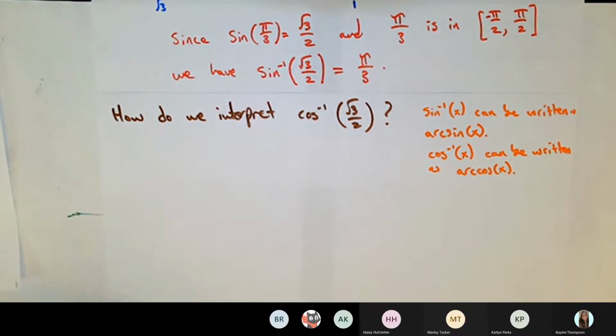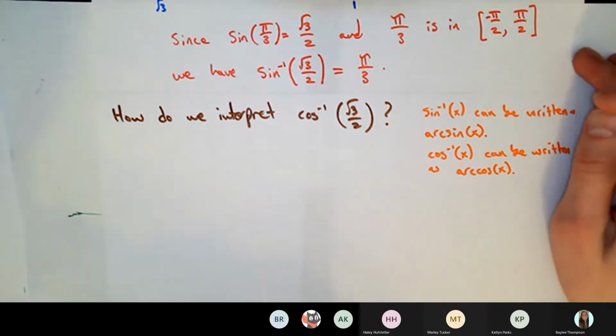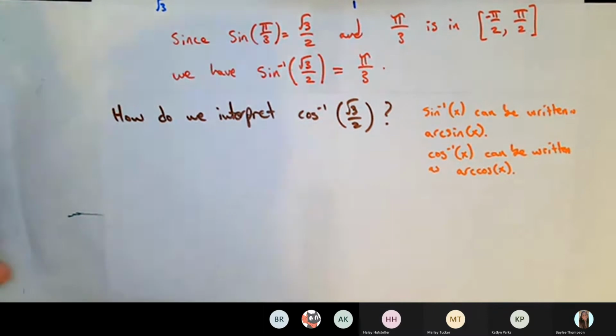All right, so what were we doing? Got a little off track there. We are asking, how do we interpret cosine inverse of square root of 3/2? We're looking for some angle.